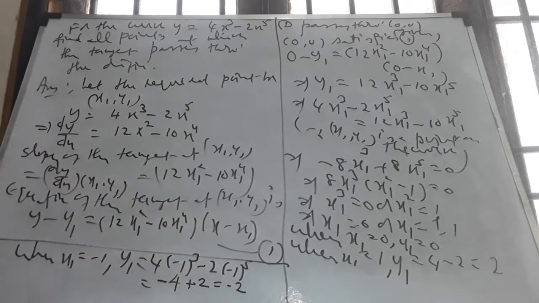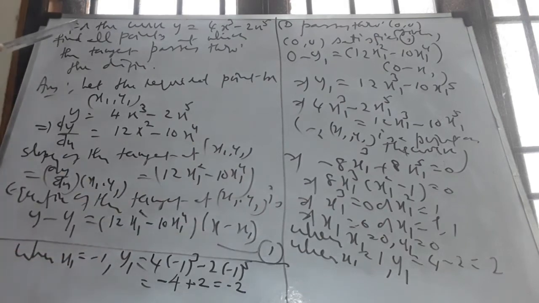Therefore, the required points are (0, 0), (1, 2) and (minus 1, minus 2).